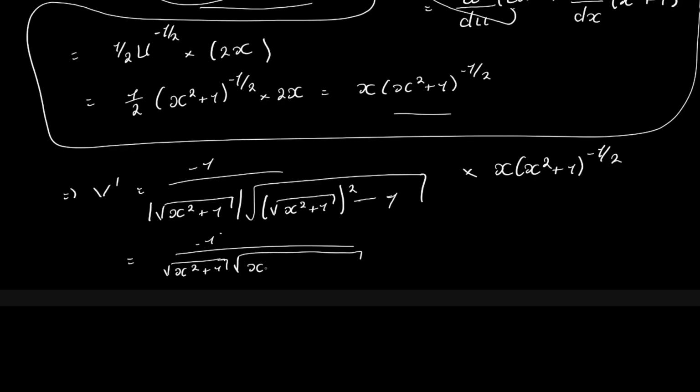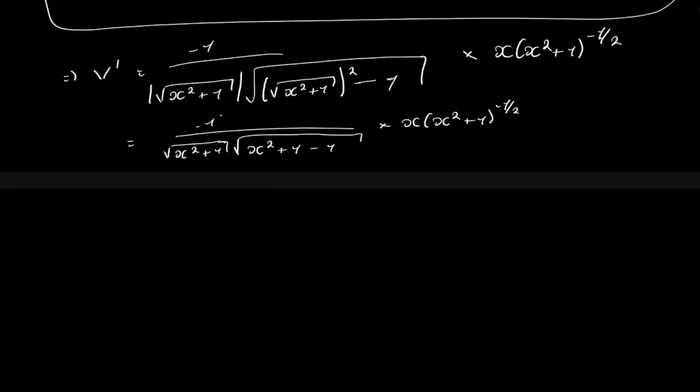All of this squared gives us x squared plus 1 minus 1, times x into x squared plus 1 all that to the power negative half.